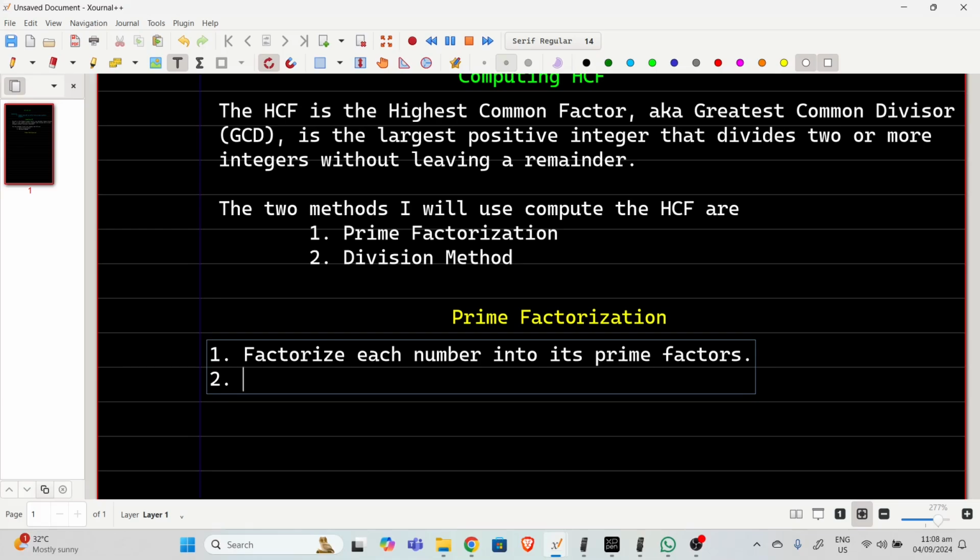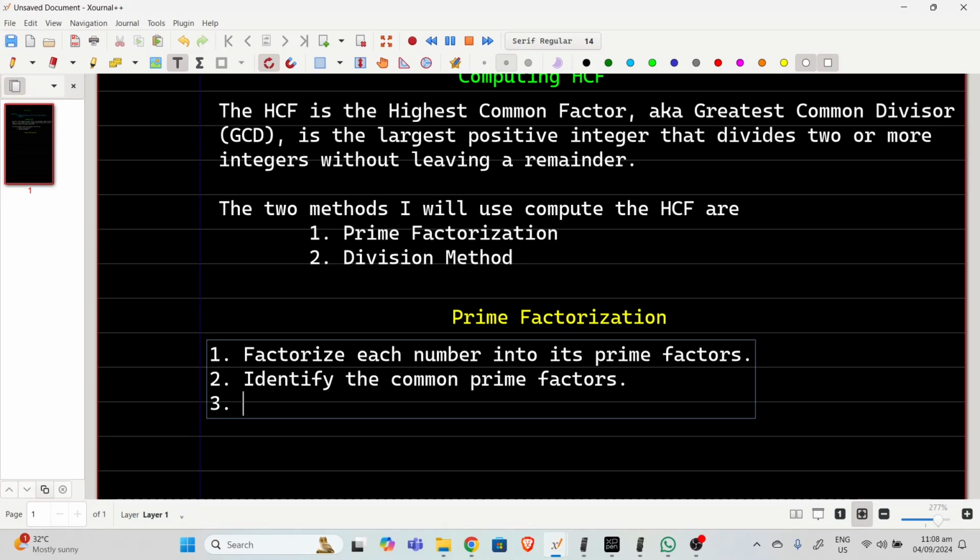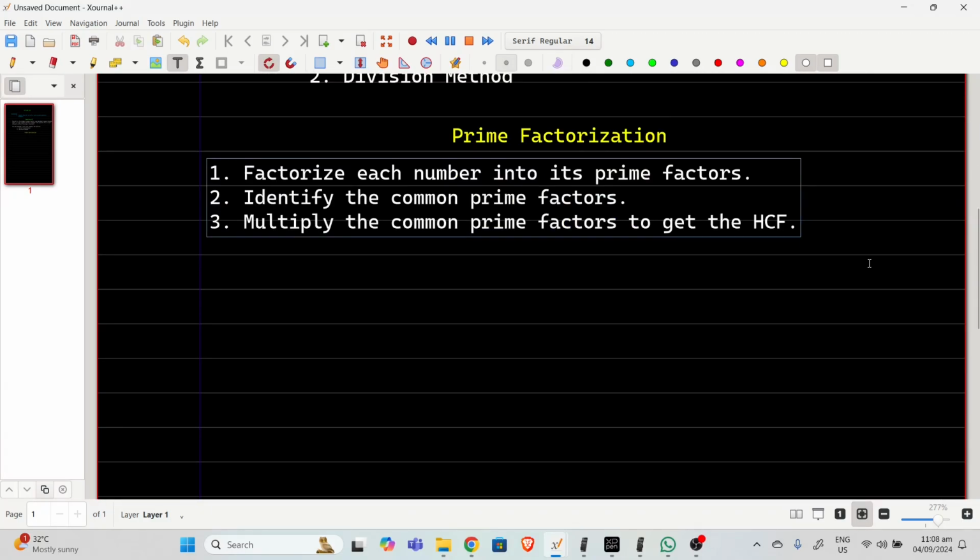And then you want to identify the common prime factors, and then the last one is to multiply the common prime factors to get the HCF. Right? And we'll do that with an example.